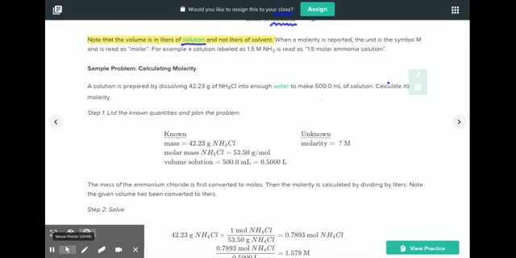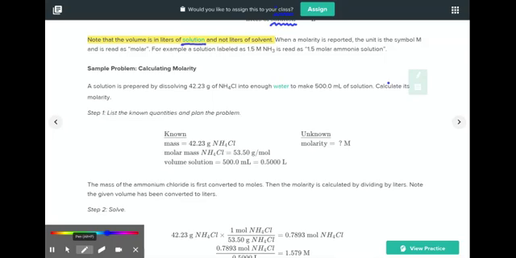Let me demonstrate. A solution is prepared by dissolving 42.23 gram of NH4Cl, ammonium chloride, into enough water to make 500 ml of solution. Calculate its molarity.